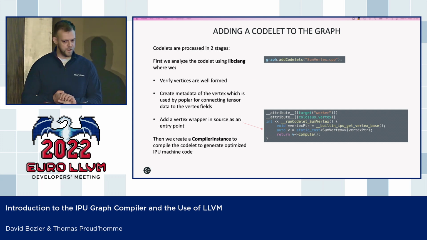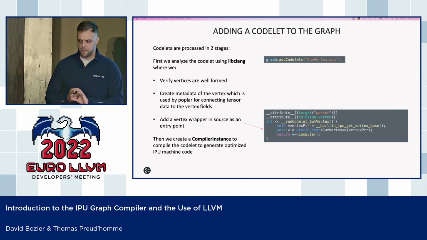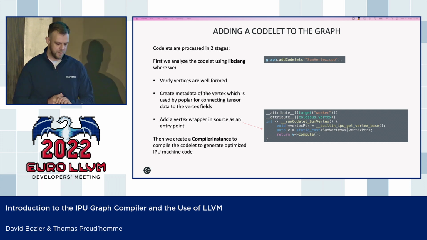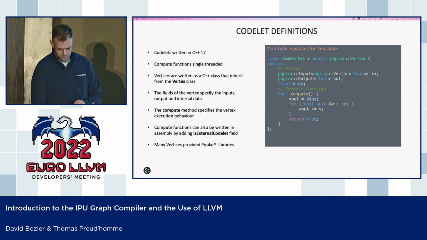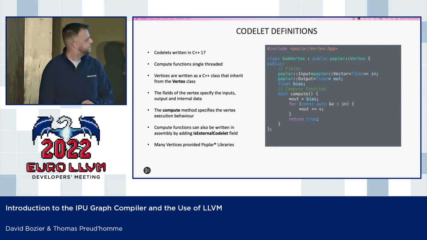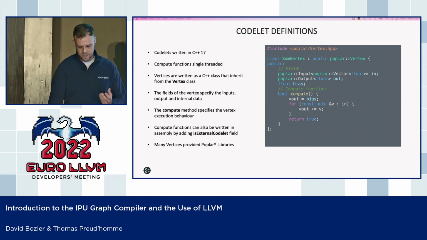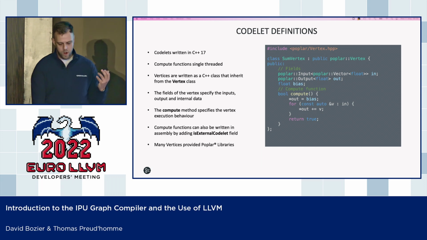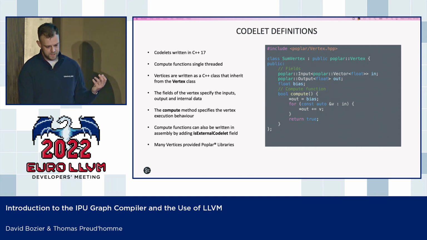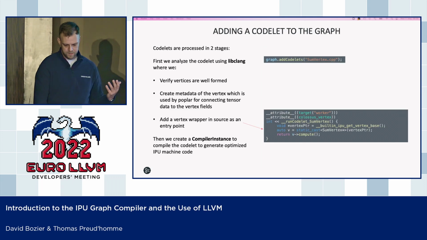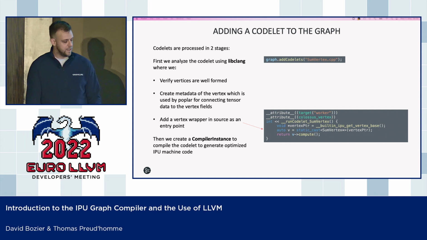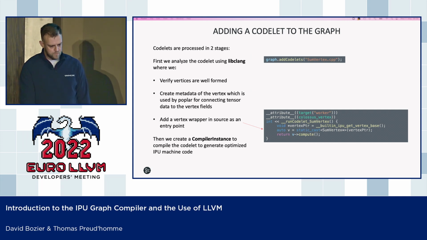We check that the fields are of a correct type. We use the Poplar library runtimes, where we have Poplar input, output. We use that to identify where we are connecting data to our vertices. This is all done by Poplar. And we do that by creating metadata for connecting this tensor data to the vertex fields.